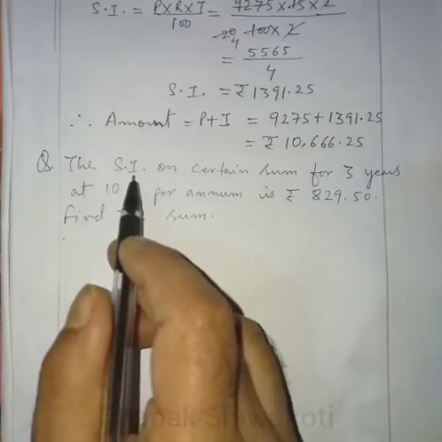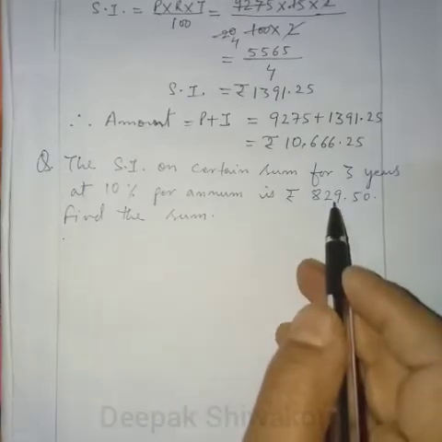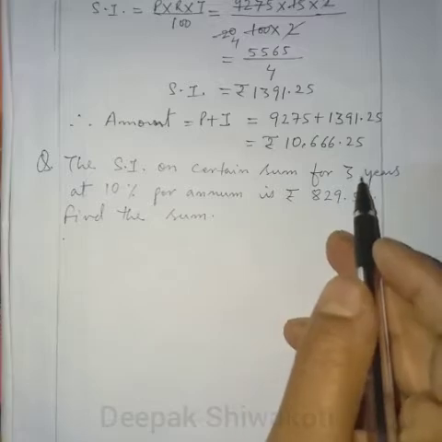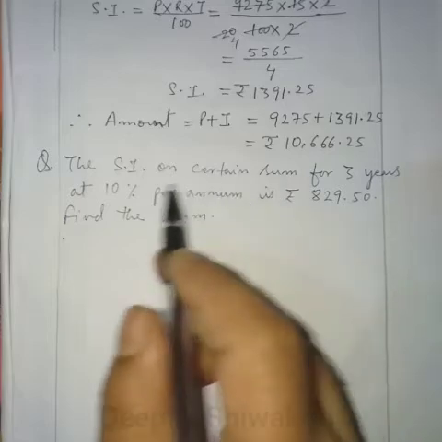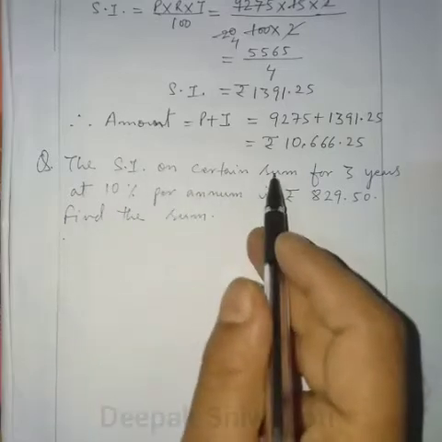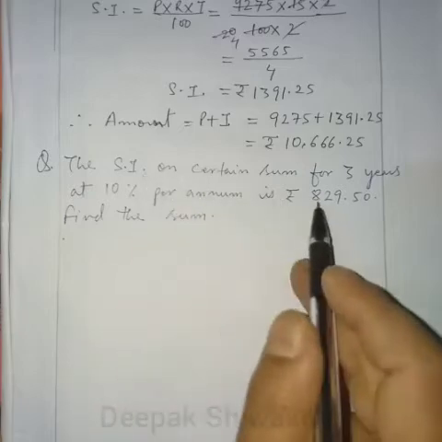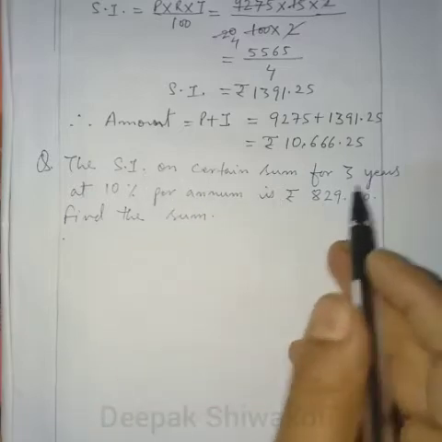Interest is this much, time is this much. The certain sum means principal here. The simple interest on a certain sum is this much, this is time and this is rate.